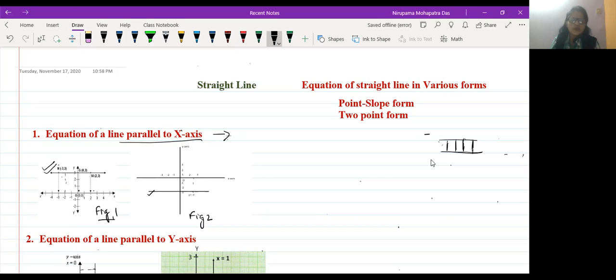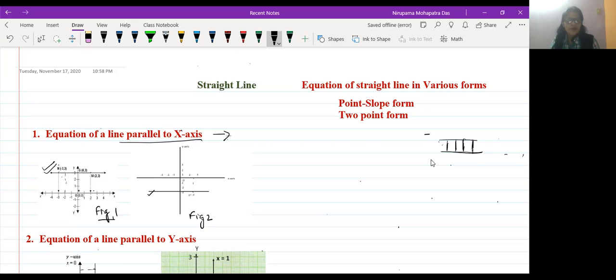Similarly, the distance of this line from the x-axis is constant everywhere. So for each and every point on the line, the y coordinate remains the same.